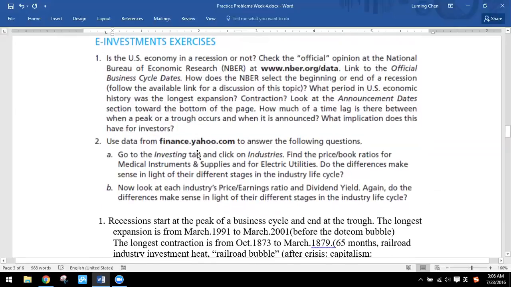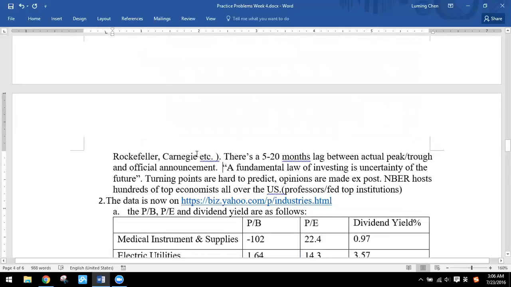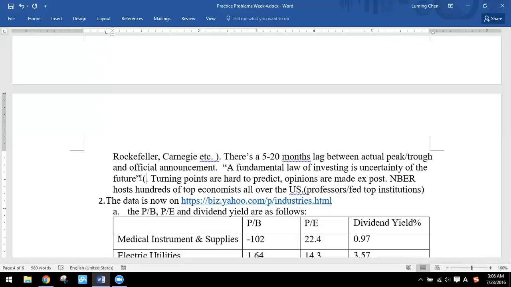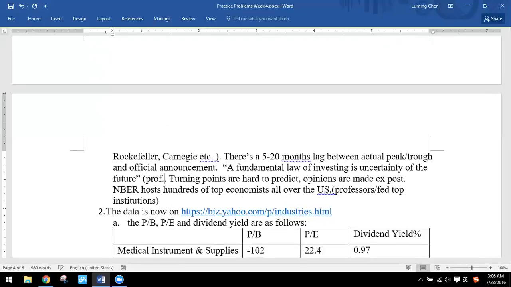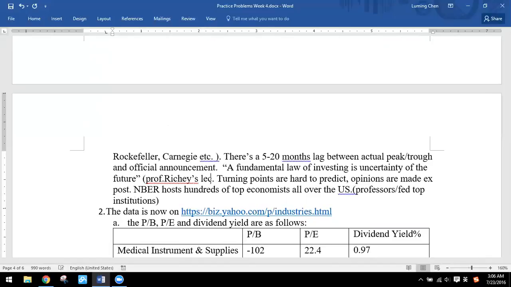What implication does this have for investors? So the implication is that a fundamental law of investing is the uncertainty of the future, which is quoted in Professor Ricci's lecture slides.